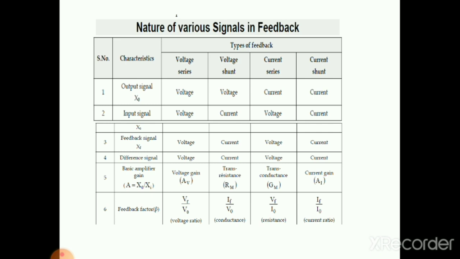Next, current shunt, we have feedback as current If and output as current, so If by I naught, that is current ratio. Like this we can see different types of signals in this particular feedback amplifiers.